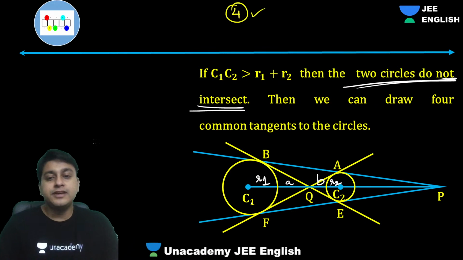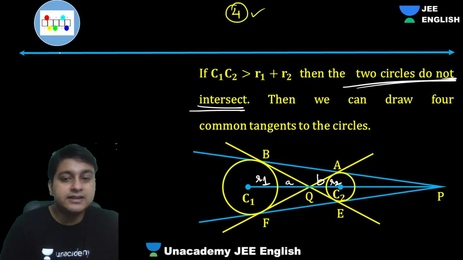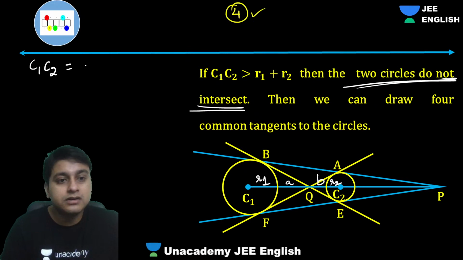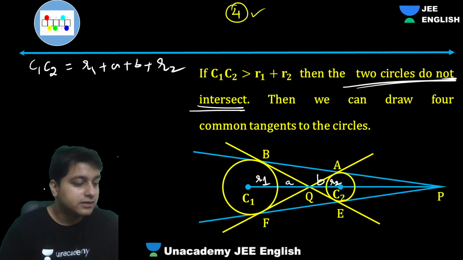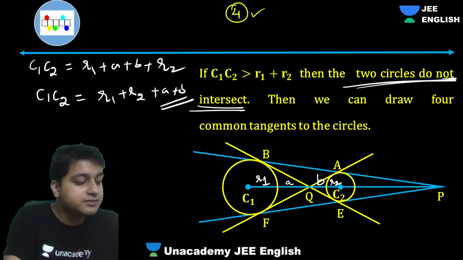As you can see from here, can we say that C1, C2, the distance between the centers, will be equal to R1 plus A plus B plus R2? So C1, C2 will be equal to R1 plus R2 plus A plus B. This is a positive number which is added.